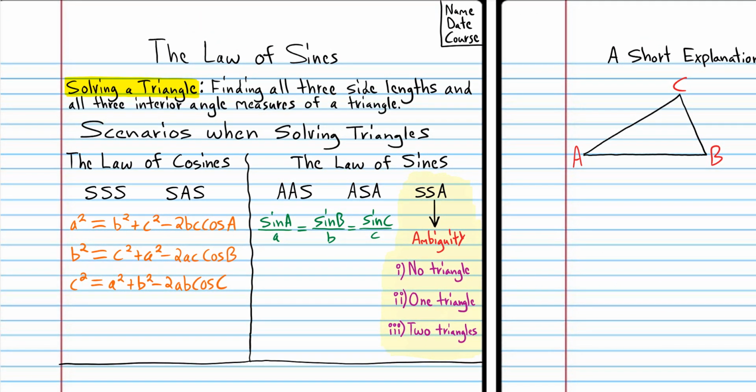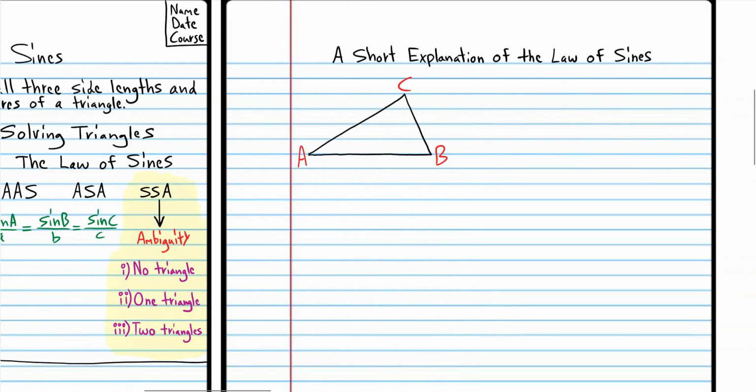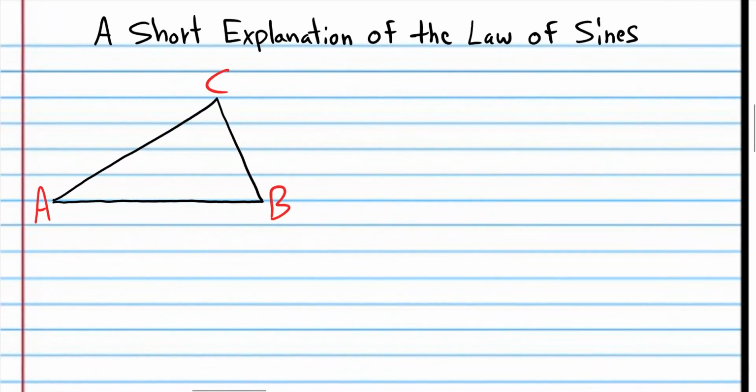So let's discuss where the law of sines comes from. Now, in this course, and really in the entire math curriculum, generally speaking, you're not really required to know proofs, because proofs intimidate students, they usually bore students, and most importantly, you're just not required to know the proofs of theorems or laws, and so typically they're just not really required.